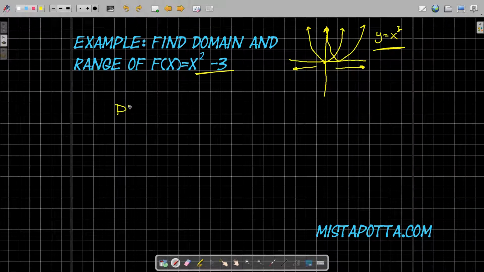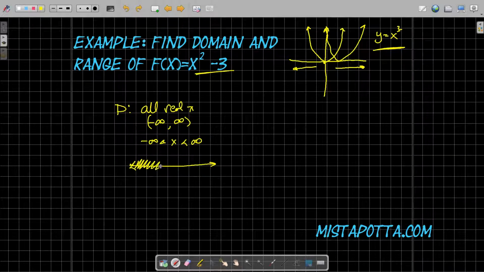So my domain is going to be all real x, or from negative infinity to infinity, or negative infinity is less than x is less than infinity. Or if I was to do this on a number line, I would just end up shading everything. For my range, though, my range is going to be y greater than or equal to 0.